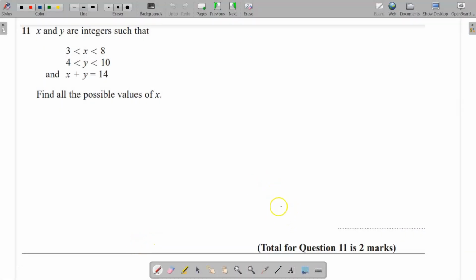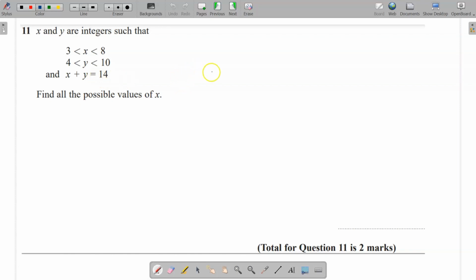In this question, it's slightly unusual. We've got x and y are integers, and they're given between certain values, and we've got to find all the values of x that satisfy all of those conditions.